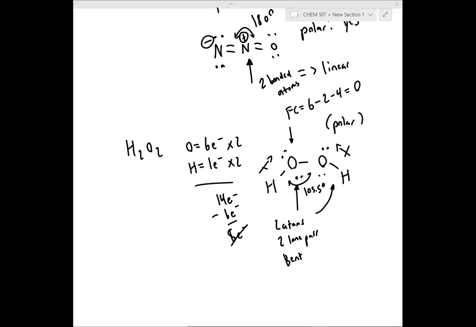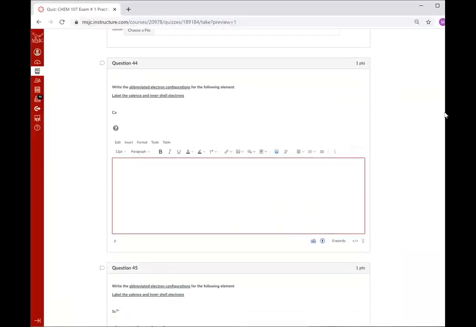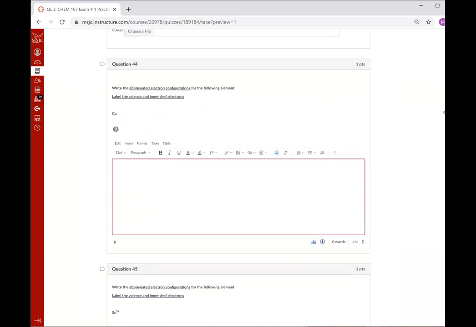Perfect. So on that note, let's work on question 44, which is an electron configuration question. We're asked to write the electron configuration for calcium. How many electrons does calcium have? What is calcium's atomic number? 20.